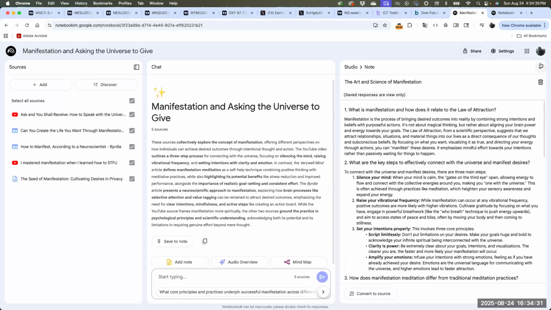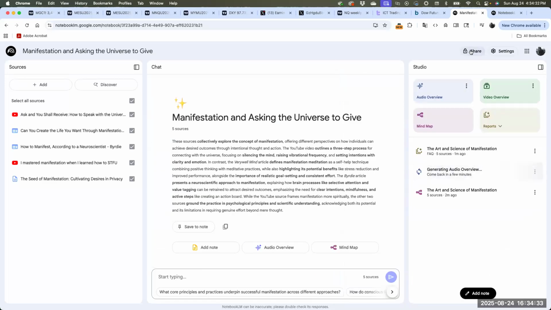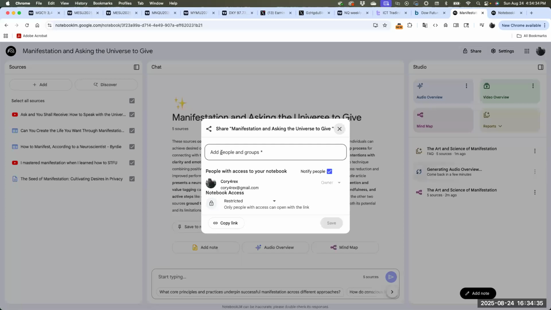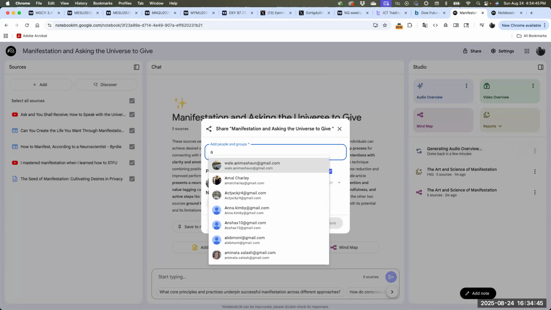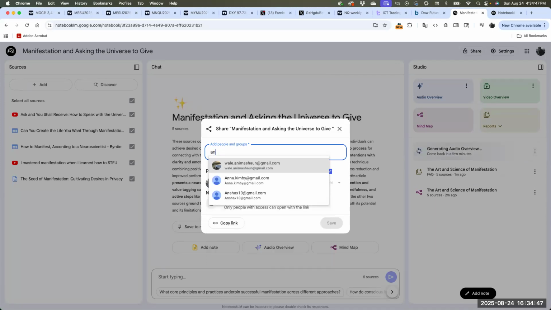And you can share this too. So if I wanted to share this with you guys, let's go. I think I got Anna's. Anna, do I have your email in here? Yeah, it should be there. Anamika.Srivastava. Anamika, I don't know if I have it, but shoot it to me. Shoot me both of y'all's email in the chat.